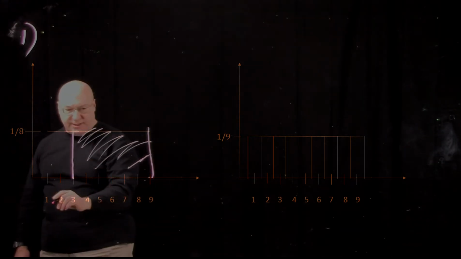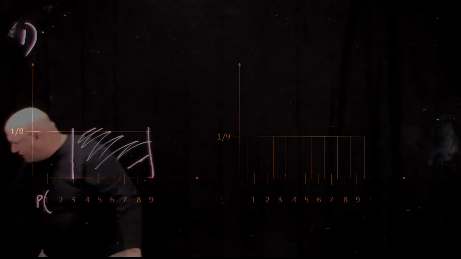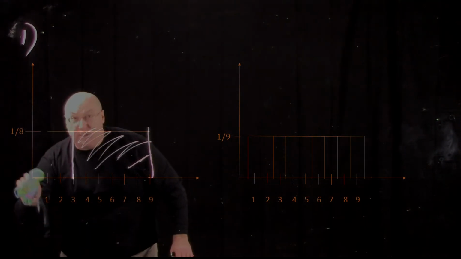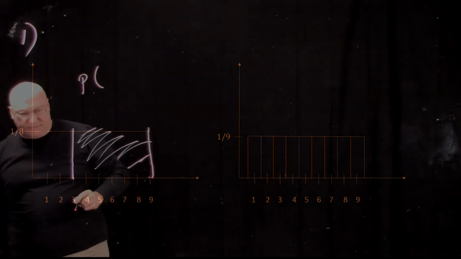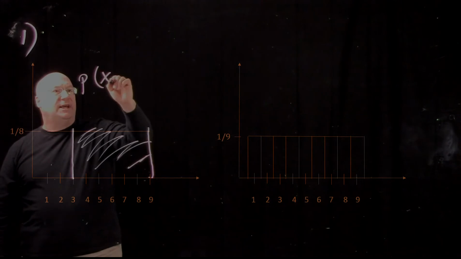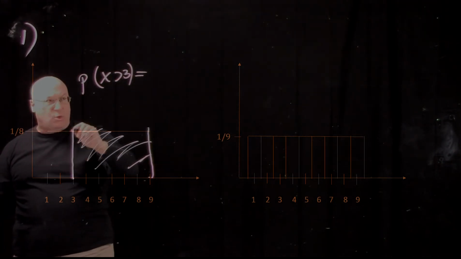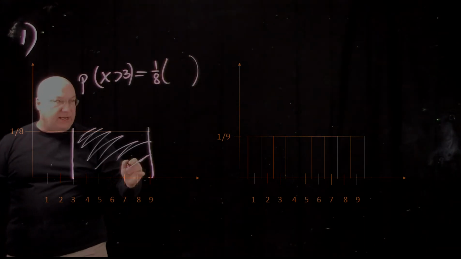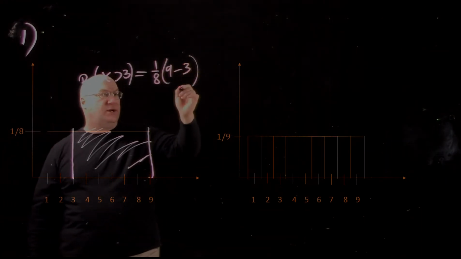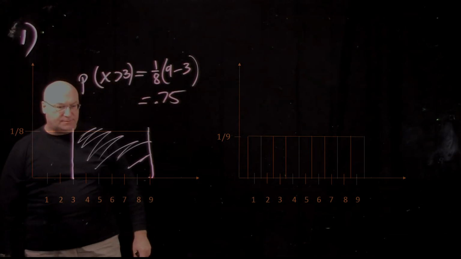The probability that x is greater than 3 is the area. The height is 1/8 times the width, which is 9 minus 3, so that's 6/8 or 3/4 or 0.75.